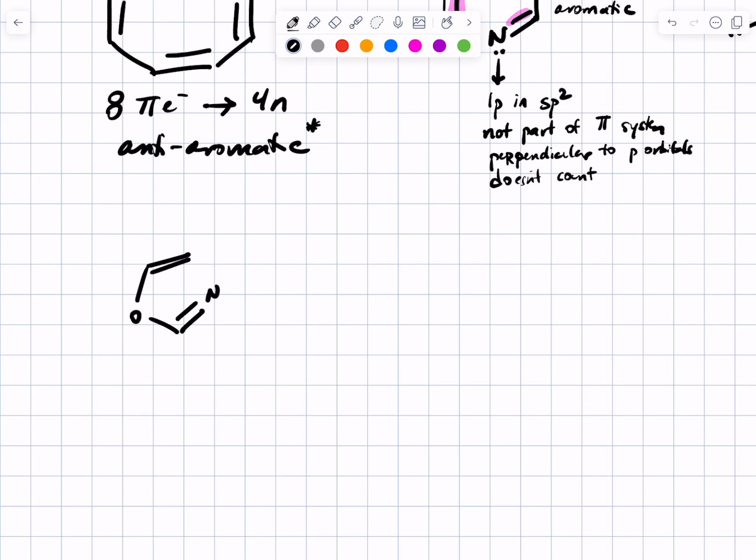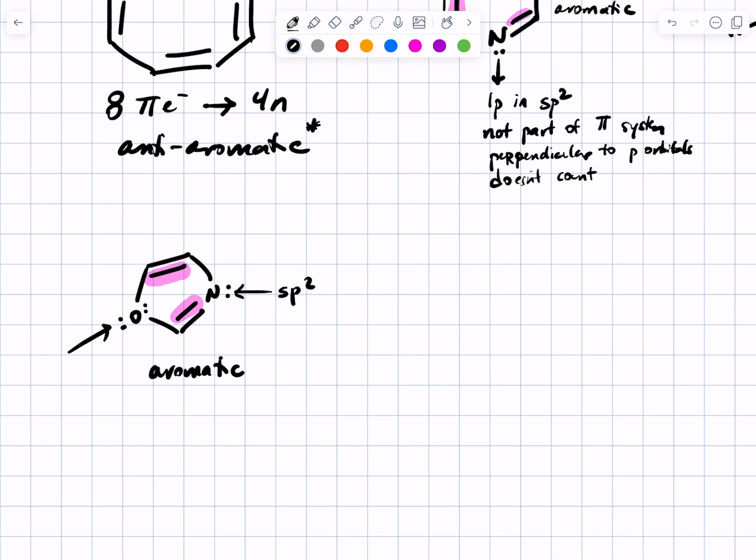Here's a molecule that I'll just tell you is aromatic. Clearly the pi bonds count. How about the lone pair on this nitrogen? Does that count? Nope, because it's in an sp2 orbital. Now what are you going to do with that oxygen? Well, again, you could be forgiven for saying that the oxygen was sp3 hybridized.